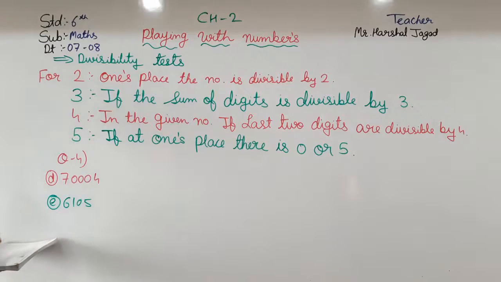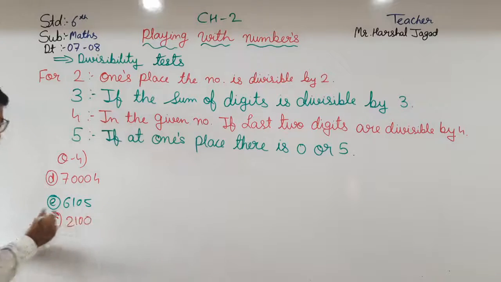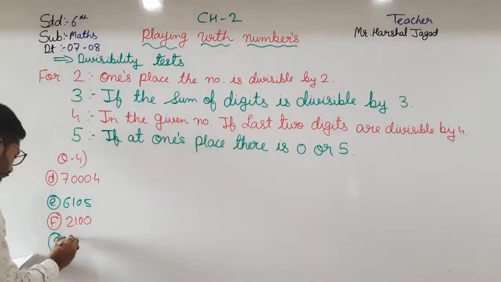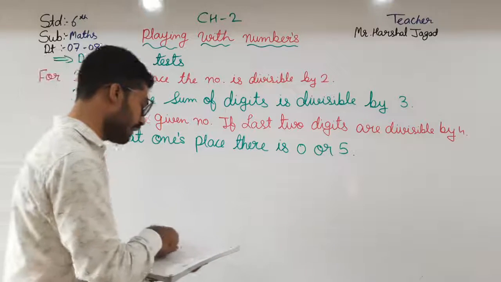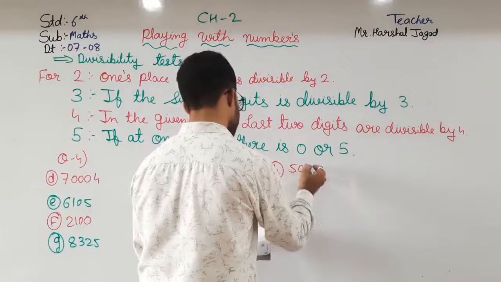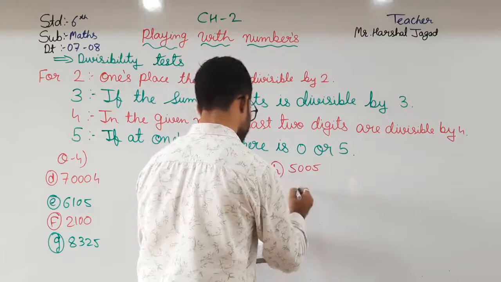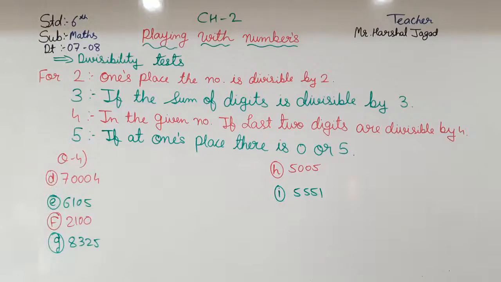Then F, that is 2100. G, that is 8,325. Okay, and H, that is 5,005, and I, that is 5,551.